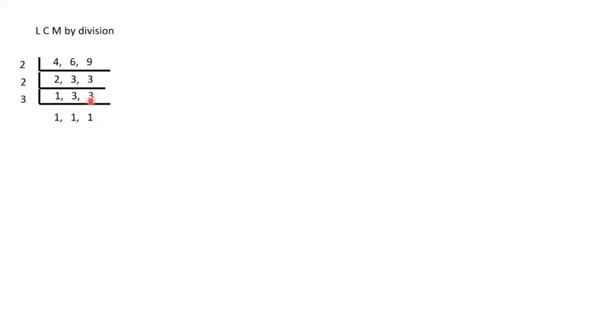I will ask you a question in the Zoom meeting: what are the incorrect things in my video? You have to consider 9 here, 9 here, then 1 and 1 and 1. Now you can see the least common multiple is 2 into 2 into 3. I think this value is also incorrect.